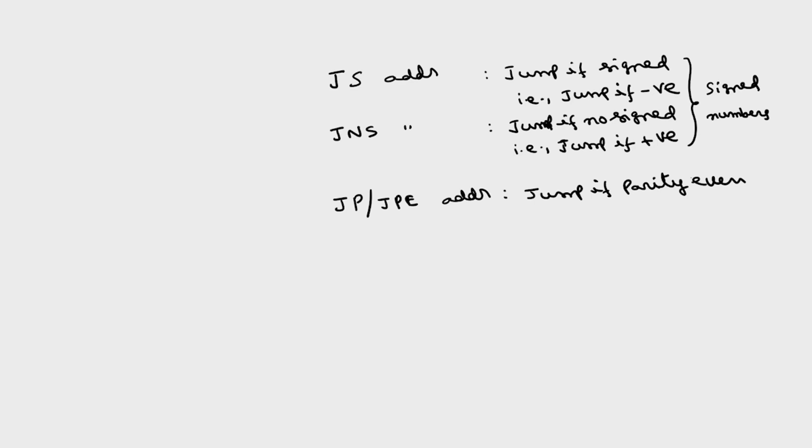Parity by implication means even parity, or we can directly specify jump parity even. If the result of the instruction just above this instruction has even parity, then the microprocessor control will go to the address that is specified, otherwise it will skip and go to the next instruction.